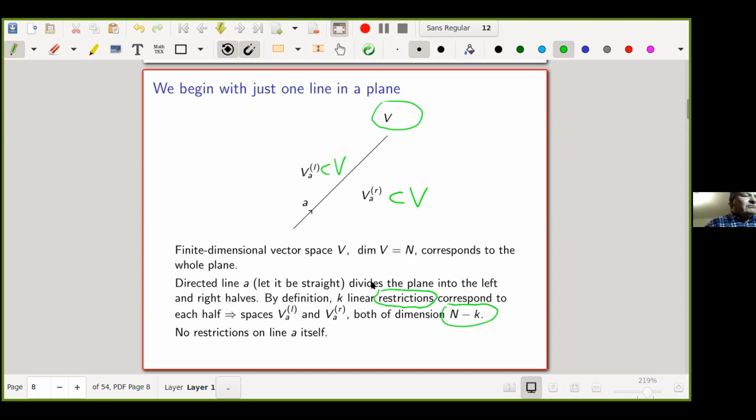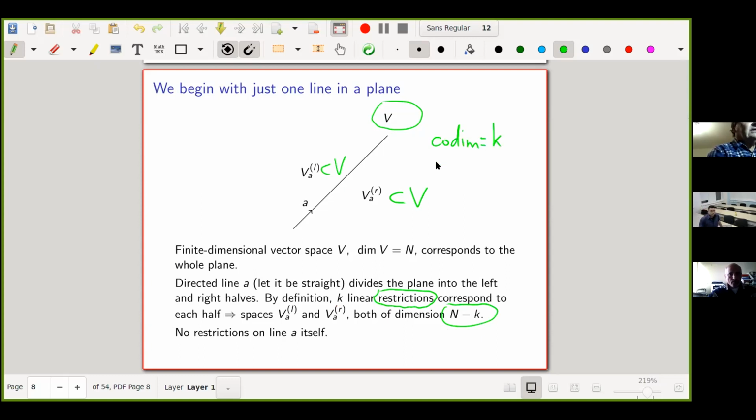But if you have a subspace of codimension K, that is, dimension n minus K, then you can always say that this subspace is cut out of a big space by K linear restrictions. Why not?